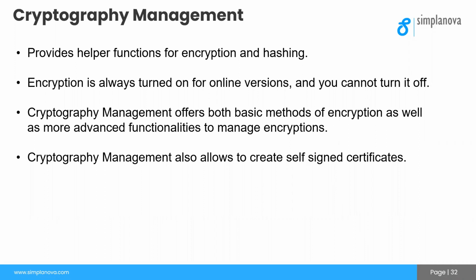But the basics is that in cloud solutions, the encryption key is already set up automatically for you, but in on-prem, you can set up your own encryption key, and you can use the cryptography management code unit to encrypt any data that you want and decrypt it as well, as long as you have the key. And of course, the cryptography management also allows to create self-signed certificates and sign various other files as well.